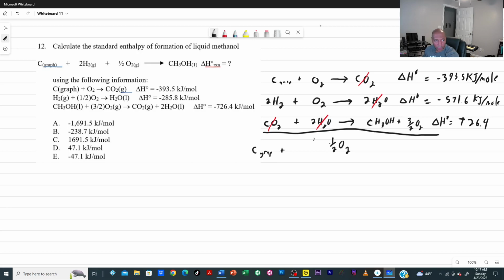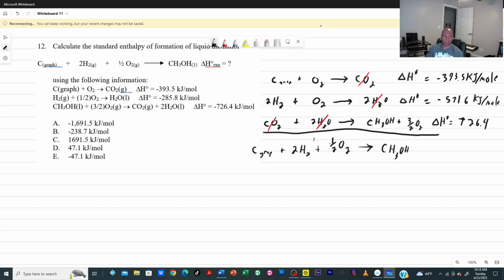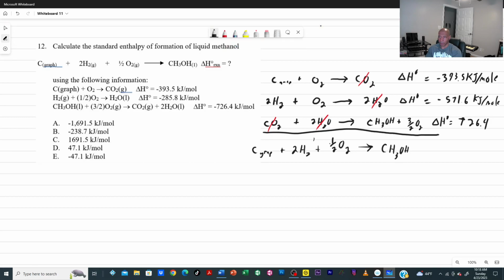So I'm going to say 1/2 O2. Then I know the carbon in graphitic form comes over, plus H2, I have 2 moles of H2, plus my 1/2 mole of O2, and I end up with CH3OH, and as you can see, that is the reaction that I was trying to get.